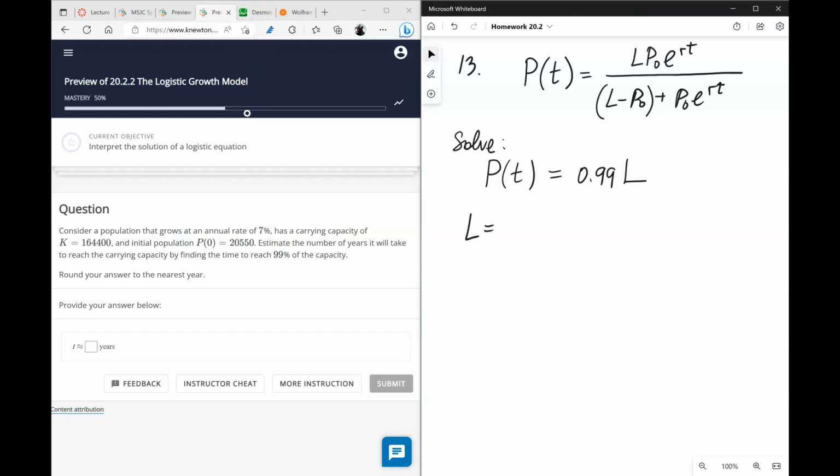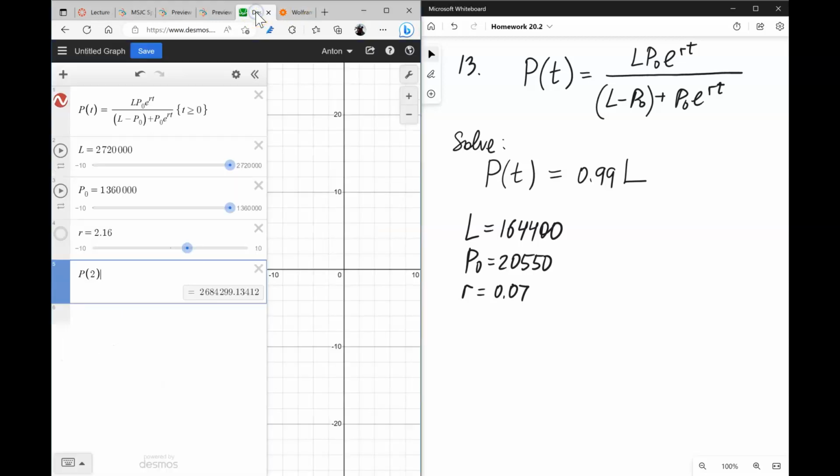So L is 164400, P0 is 20550, R is 0.07, and we're looking to solve P of t to be equal to 0.99 L.